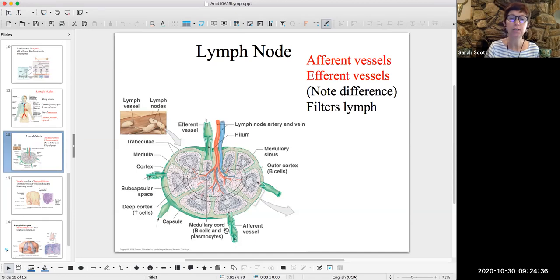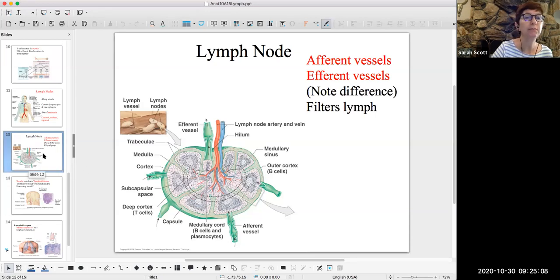So we've got 1, 2, 3, 4 different lymphatic capillaries, and they're all dumping lymph into this node. The node is filled with cells and lots of lymphocytes. This allows the body to filter through the lymph and look for anything that doesn't belong that can trigger the immune system. Okay, does that make sense?